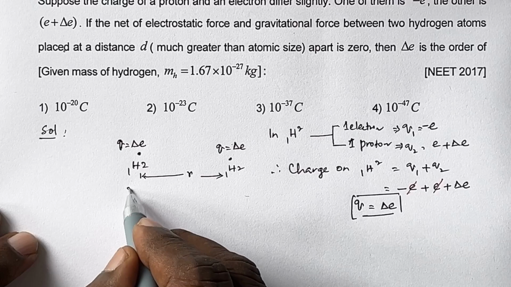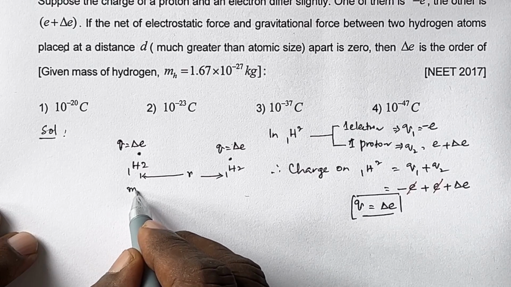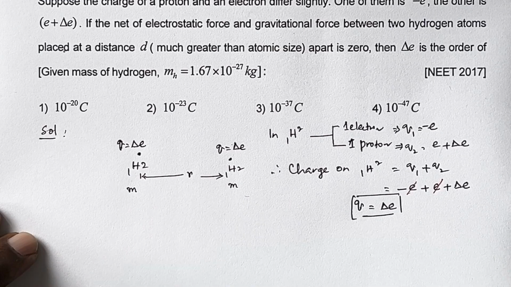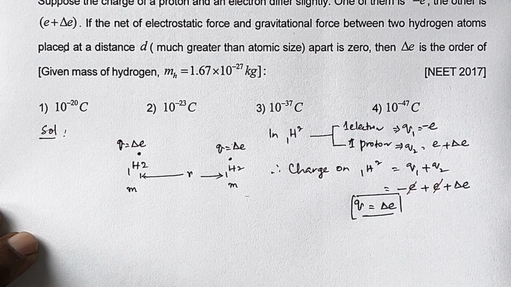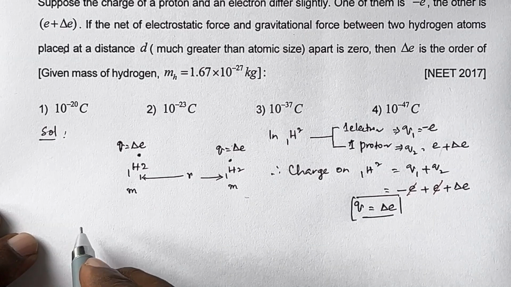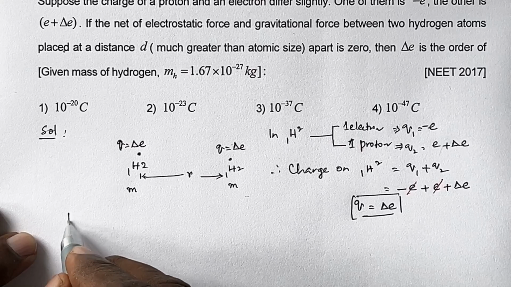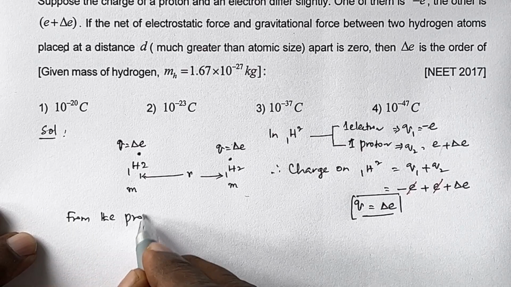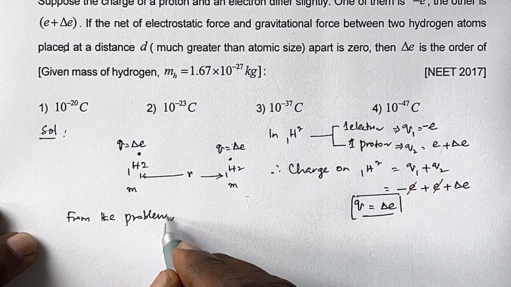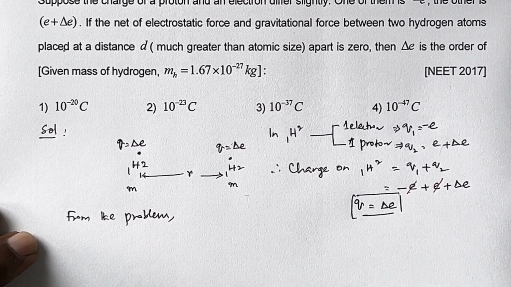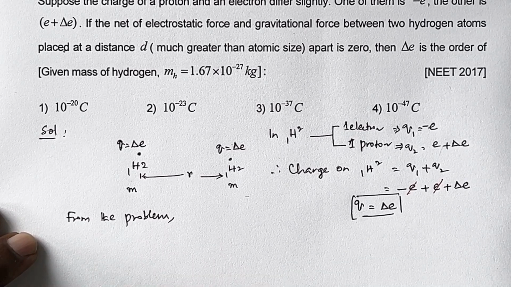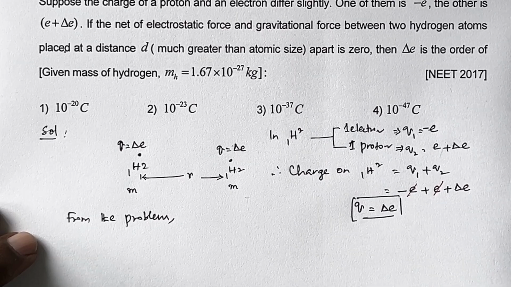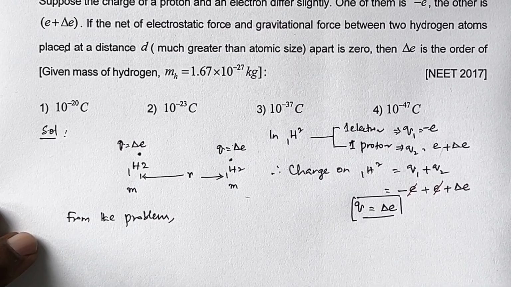So the mass of this hydrogen atom is m, the other hydrogen atom mass is also m, and the distance is r. So finally, what they are saying in the problem is that the electrostatic force is equal to the gravitational force between the two hydrogen atoms.